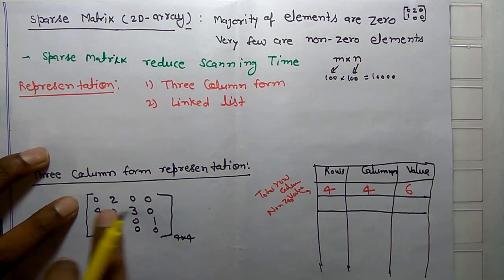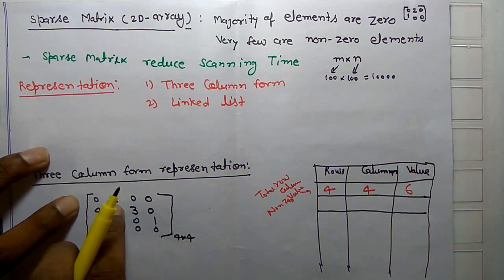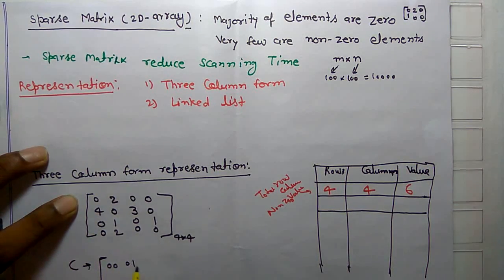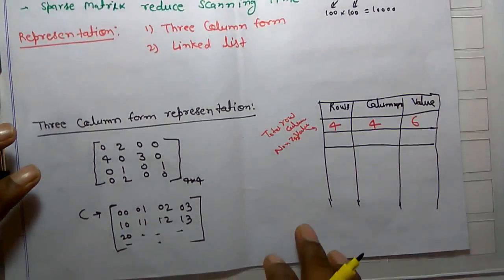Now in the next row of this 3 column representation, you start with the first row, where non-zero values exist. Indexing in C programming starts at 0, so the indices are 0,0, 0,1, 0,2, 0,3, then 1,0, 1,1, 1,2, 1,3, 2,0, and so on.